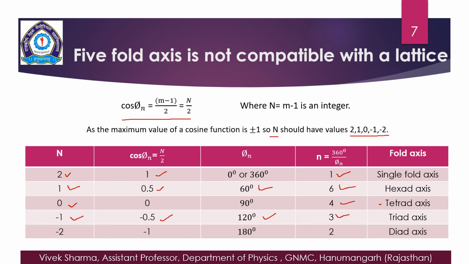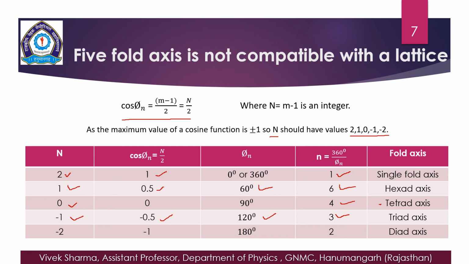So due to the limitations of the crystal, it is not possible that N may get a value which can provide us an axis for small n equal to 5. It is the reason that a 5-fold axis is not compatible with a lattice.